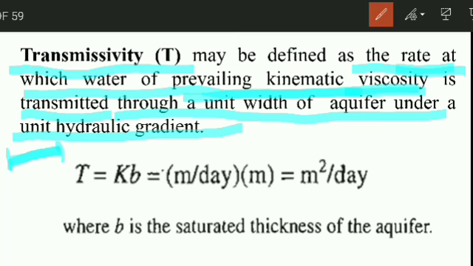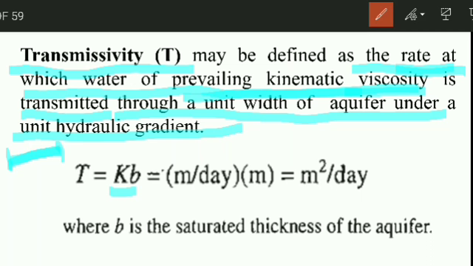The formula for T, that is transmissivity, is K into B. K is nothing but the hydraulic conductivity, capital K, which is minus V divided by dH by dL.